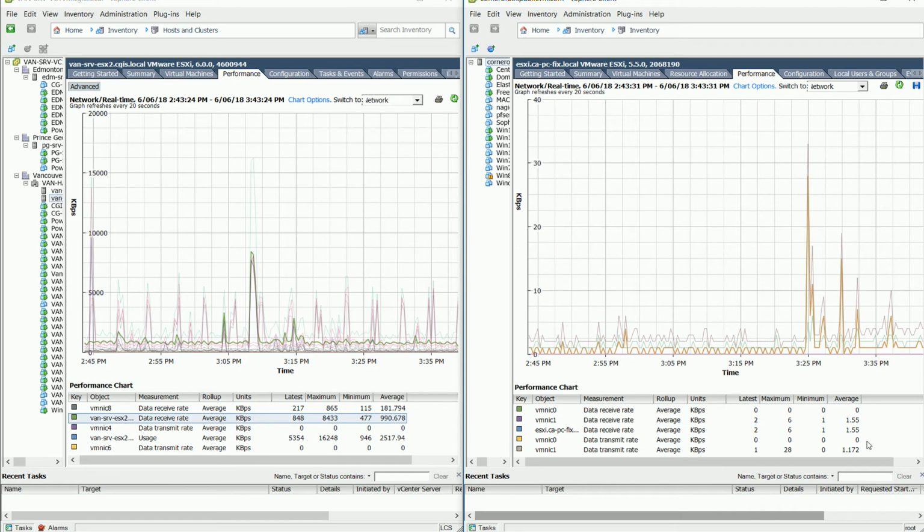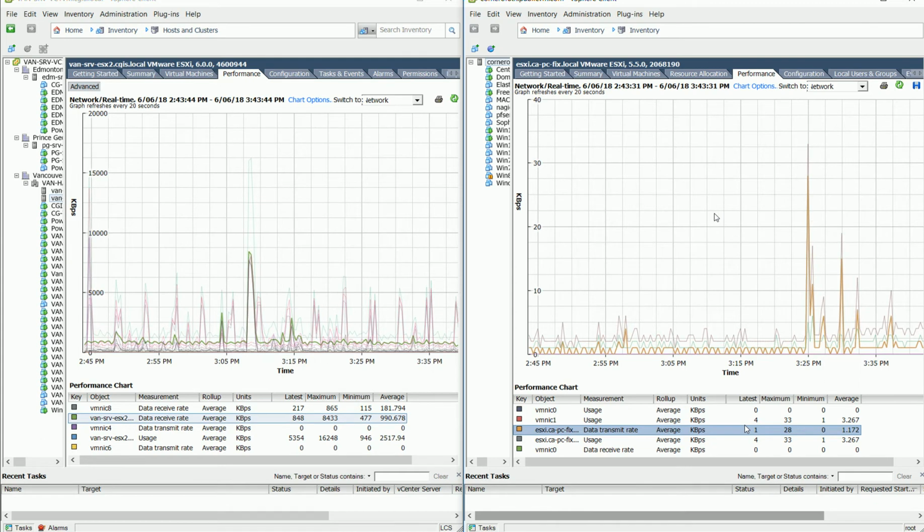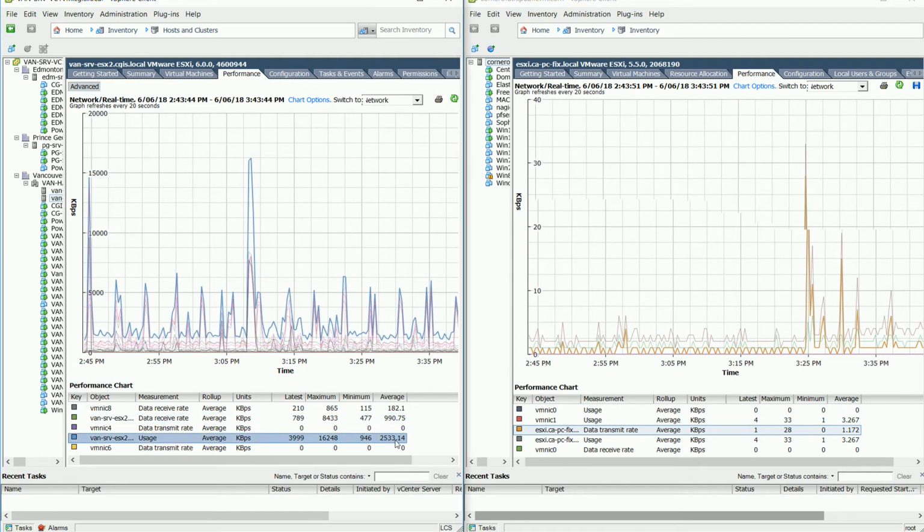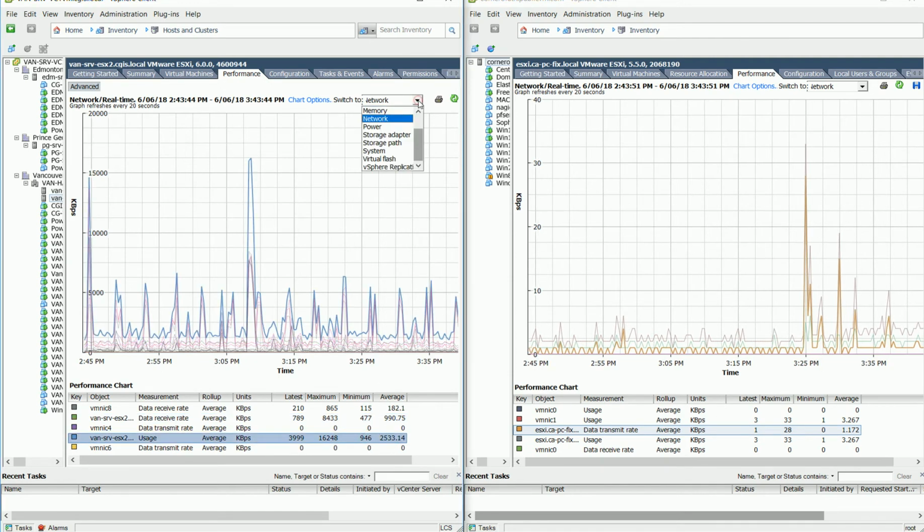That means there's not too much data transferring in or out of this server. As I said, this server is a testing and lab server, while this one is a production server.